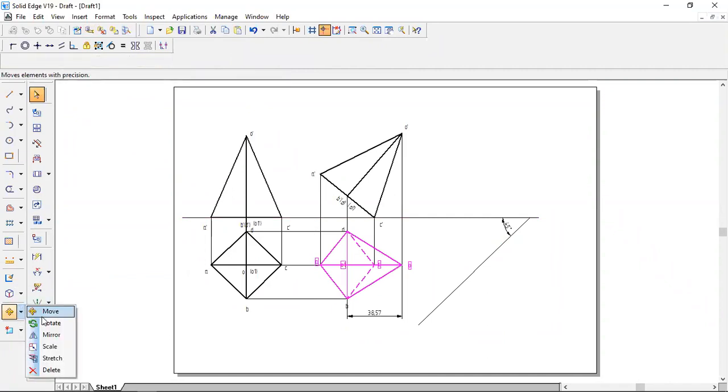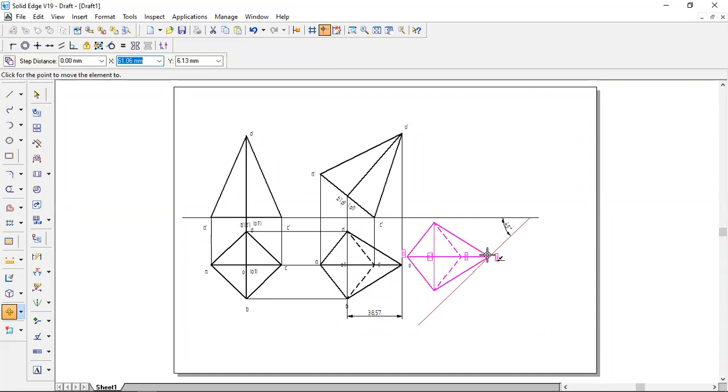Then we need to move and rotate. How to move? In pyramids, always pick the apex point as a reference point. Anywhere on this line I can place it, because the axis is inclined at 45 degrees.